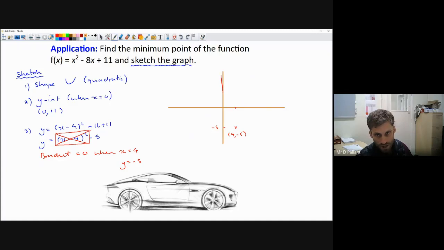I need to make sure the y-intercept is positive and not negative. There we go. And then I'll label that 11. I'll just check that out there. Yeah. So that's what you need for these sketches. We want to get the y-intercept in, we want to get the shape in, we want to get the minimum point in.